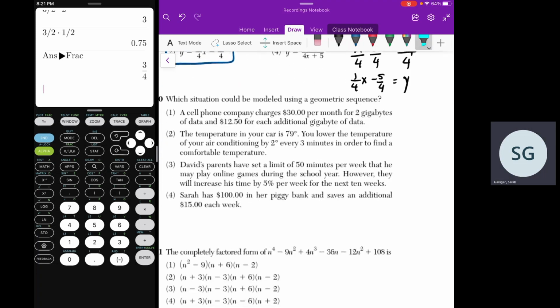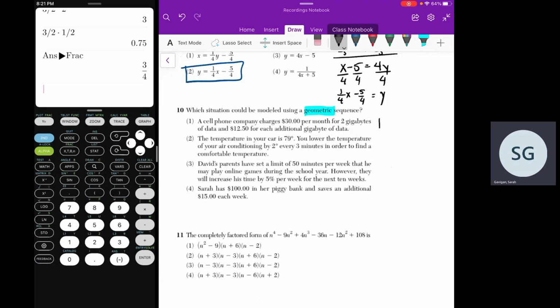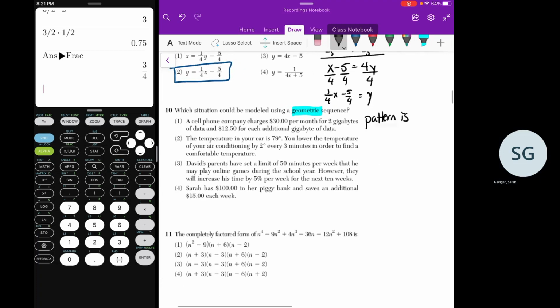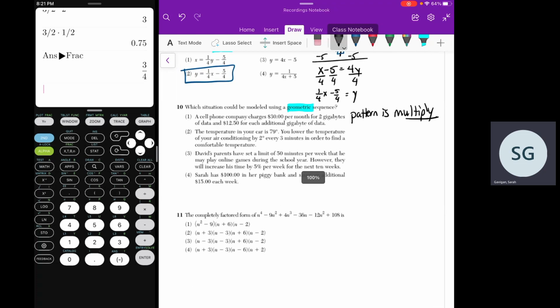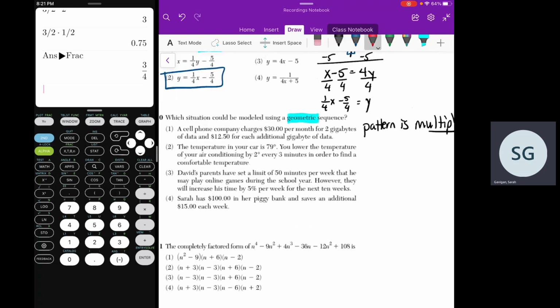Which is a geometric sequence. So a geometric sequence, remember the pattern is multiplying. Okay, so a cell phone company charges $30 per month for 2 gigabytes of data, and this for each additional gigabyte.